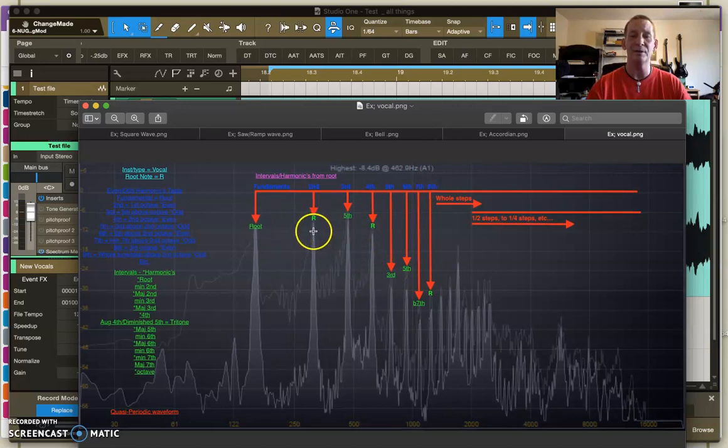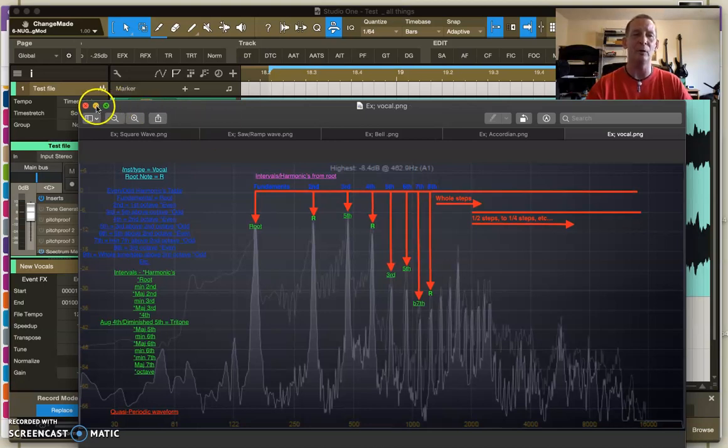This is the root. You got the root again here, and then the third above that root, which is the fifth harmonic, that you need to boost because it's out of whack. In this person's voice, or this instrument or whatever you're dealing with, you want to fix that and boost it a little bit to make it sound better.